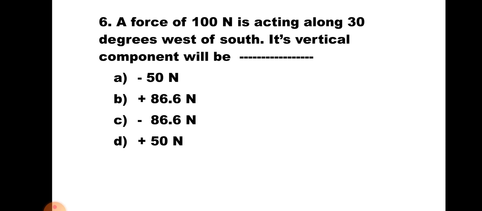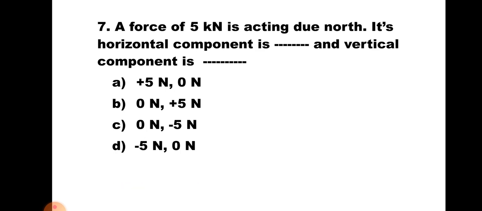The force is in fourth quadrant, so vertical component will be negative, and as the angle is made with vertical, it will be minus 100 cos 30, which will come out to be minus 86.6 Newton. Hence the correct answer is C. minus 86.6 Newton.